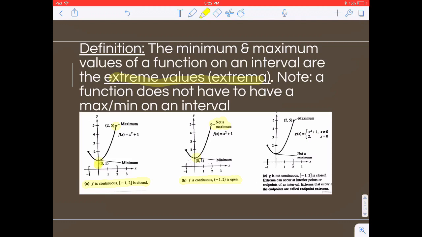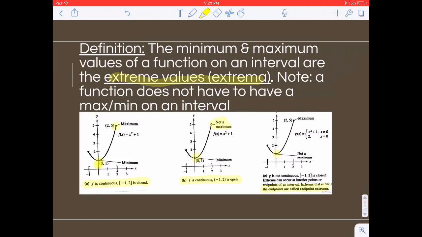So for C, g is not continuous on the closed interval -1 to 2 because this point right here at (0, 1) is an open circle. It's hard to tell, but it is. So extrema can occur at interior points or endpoints of an interval. Extrema that occur at the endpoints are called endpoint extrema.